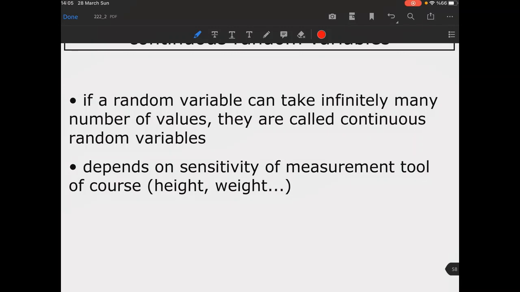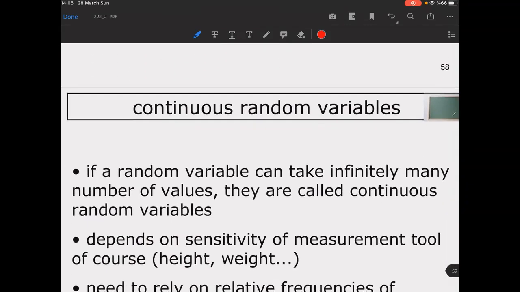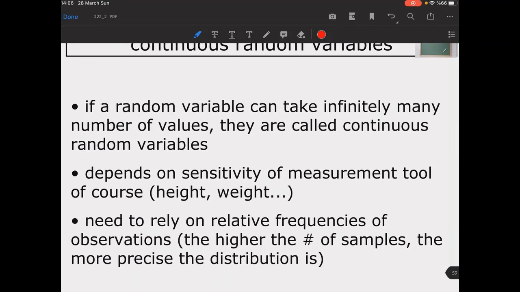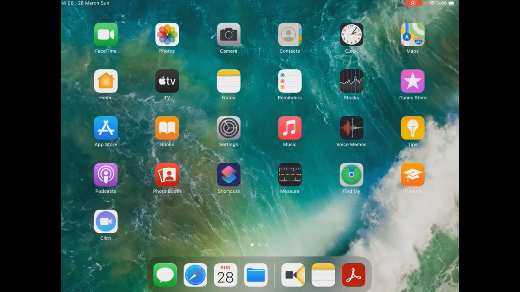If you're, for example, measuring your height or weight, it is directly affected by the sensitivity of your measurement tool. And here you need to rely on relative frequencies of observations. Again, this never changes. The higher the number of samples you have, the more precise the distribution would look.